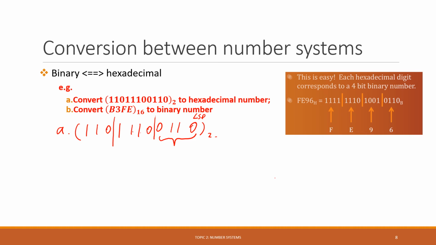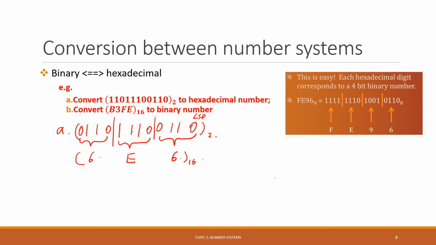So 0110. If you check the table before, this corresponds to 6 in hex. 1110 corresponds to E. 110 only has 3 bits here, but we can add a 0 to the left of it. It won't change the value of the number, but makes it 4-bit. So this is still a 6. So the hexadecimal representation of this binary number is 6E6.